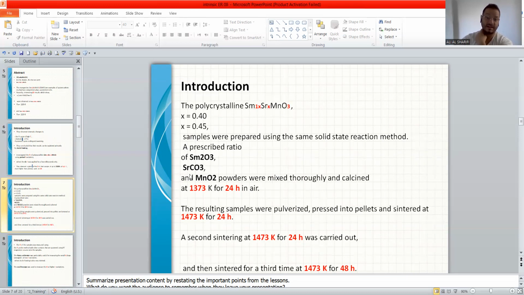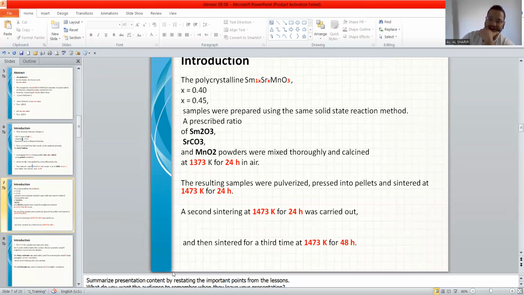That means a day. The resulting samples were pulverized, pressed into pellets, and the temperature was increased a little bit to 1,473 Kelvin, again for 1 day. A second sintering at 1,473 Kelvin for 24 hours was carried out. At the last, the same temperature but double the time, 2 days.